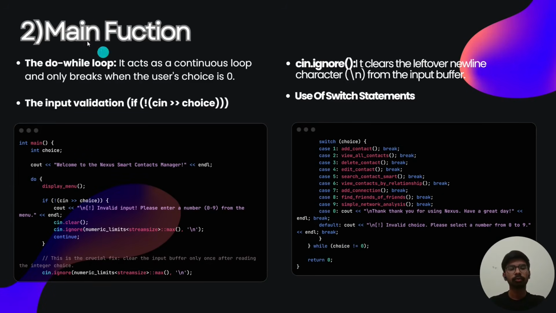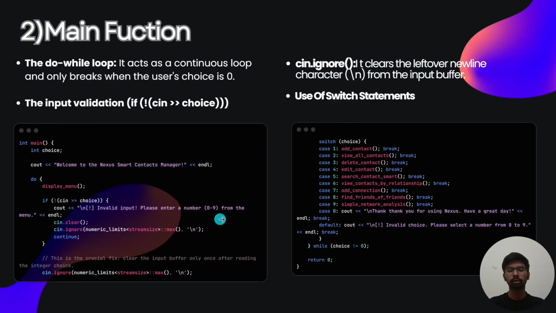Coming to the understanding of the main function, which is the heartbeat of the entire project, it includes the do while loop, which acts as a continuous loop and only breaks when the user enters the choice as 0 to exit the program. It also includes input validation using an if statement. If cin fails because of incorrect input, it will display "Invalid input.